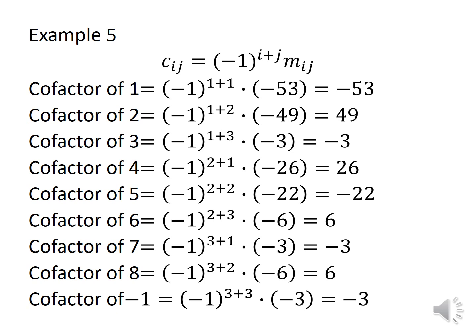And the minor of this one is -53. And you calculate, so the value is -53. And we perform the same formula for each element.